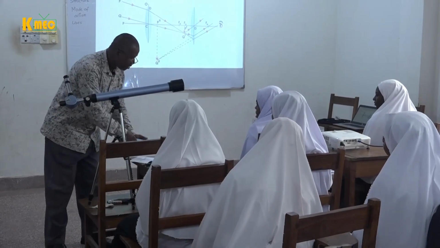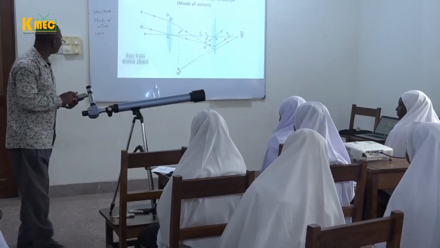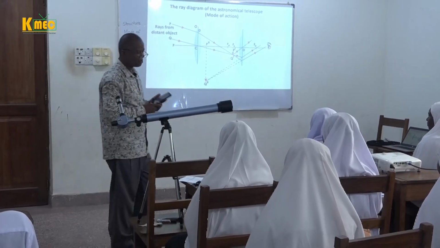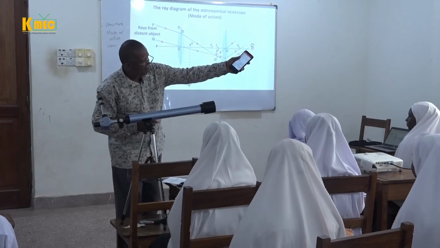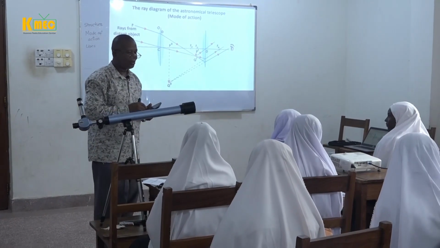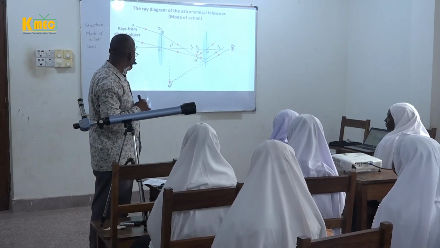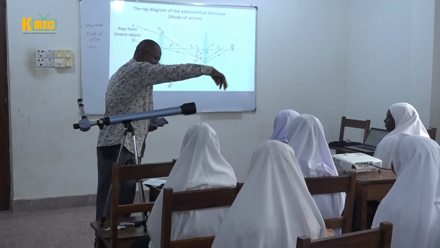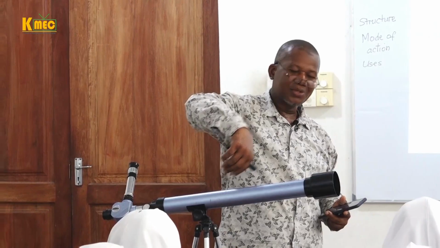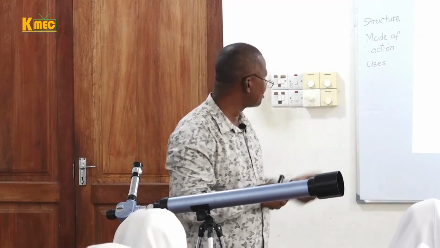So we are going to start with the rays from the distant object. Suppose we want to view the mango tree outside of our class. The first thing, we have the light which is entering into our instrument. So that's why we say rays from the distant object.